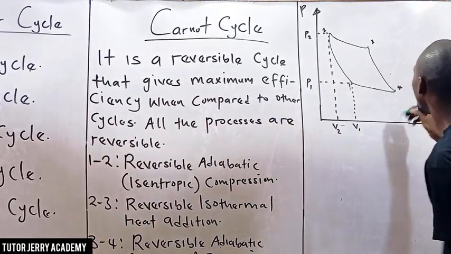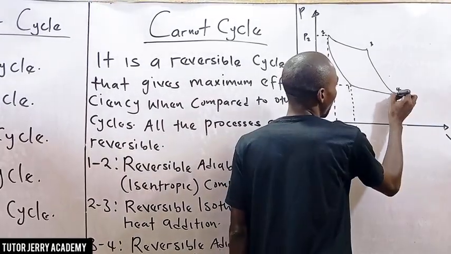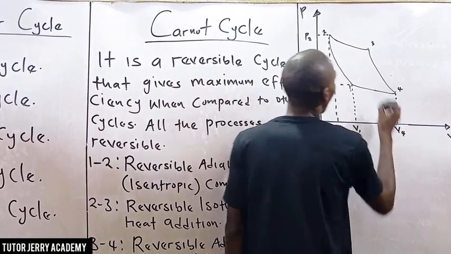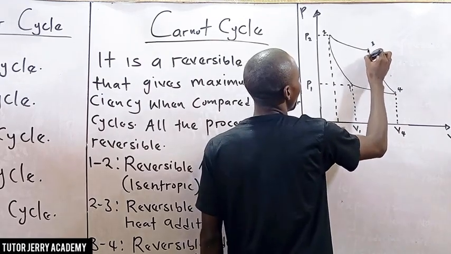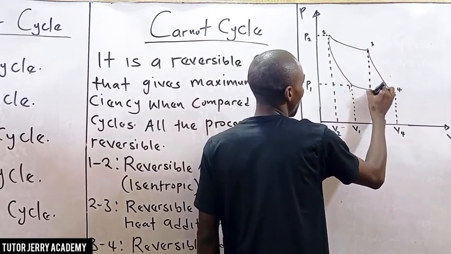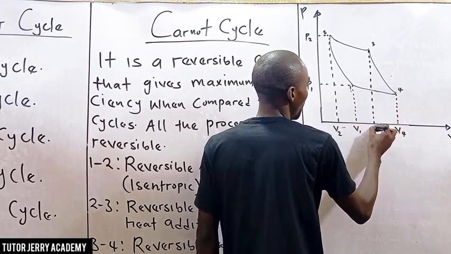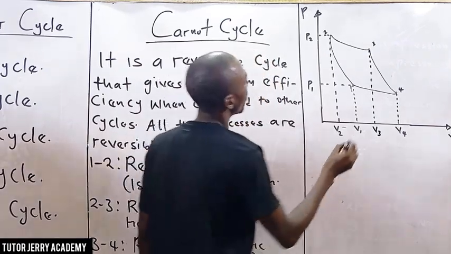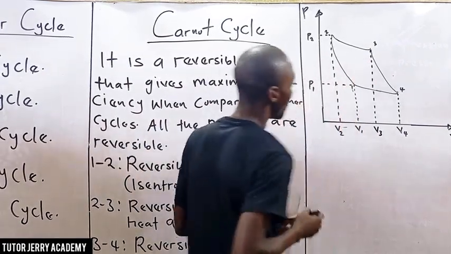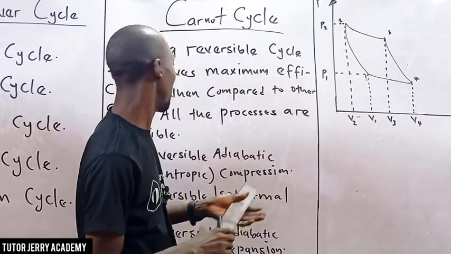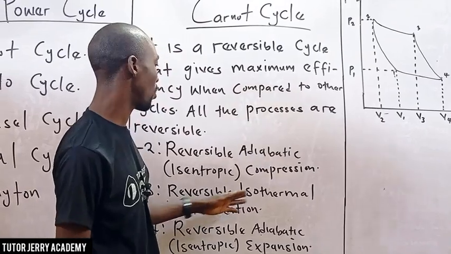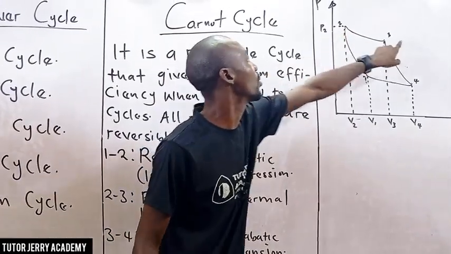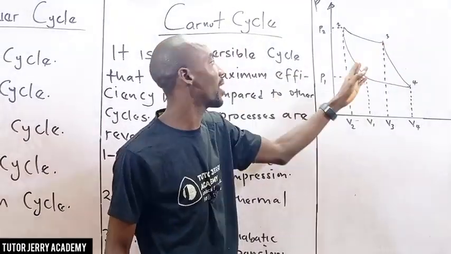All right. Now let's trace all these points down. We are going to have this to be our V4. If we trace this down, we're going to have this be our V3. Before I trace this out, let me explain. We said process 2 to 3 is reversible isothermal heat addition. It means from state 2 to 3, heat is being added after compression.